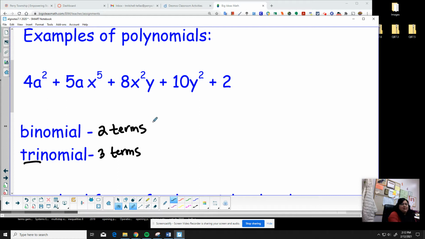So for example, a binomial might be x squared minus 16, 1, 2 terms. Or a trinomial might be x squared plus 10x minus 15. There's 3 terms here. We'll be doing a lot with trinomials in this particular chapter.